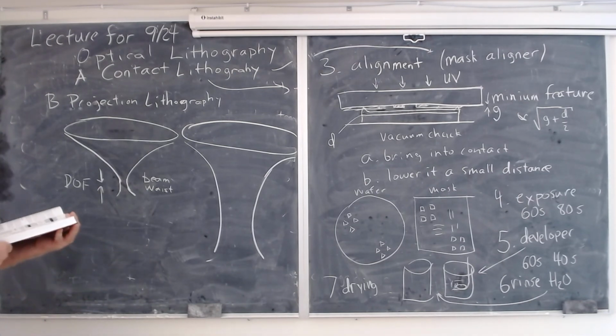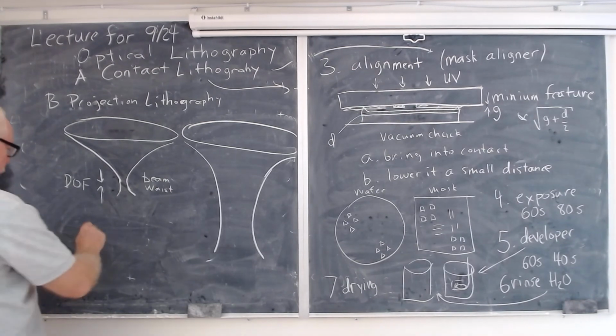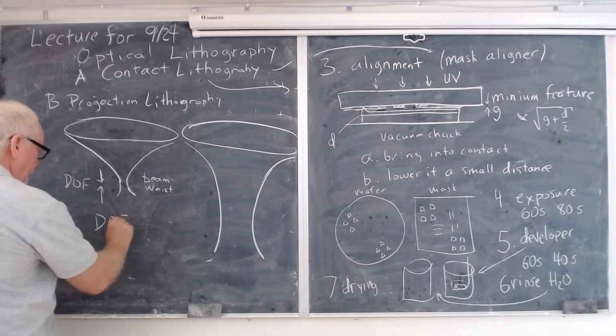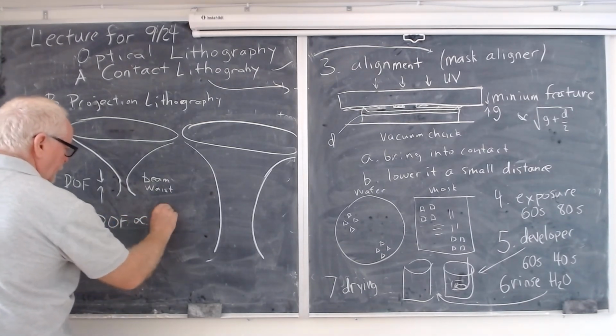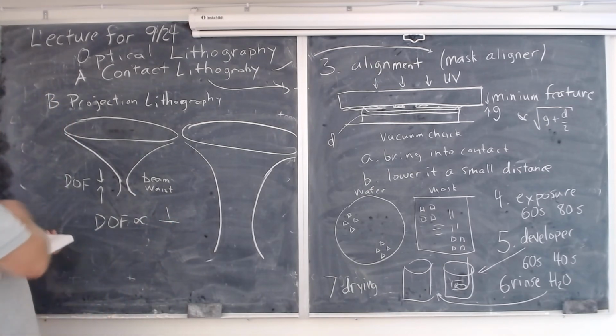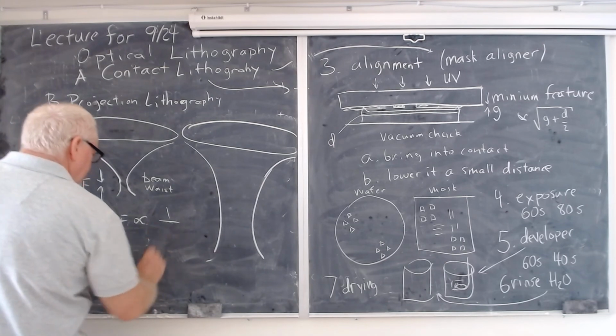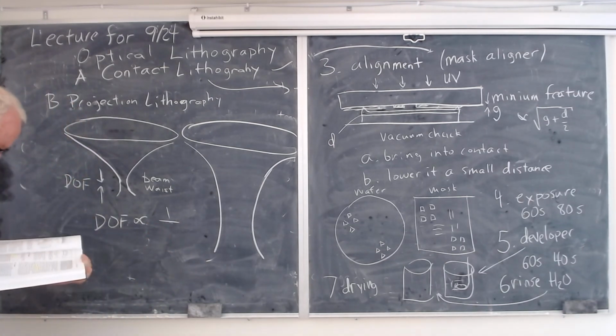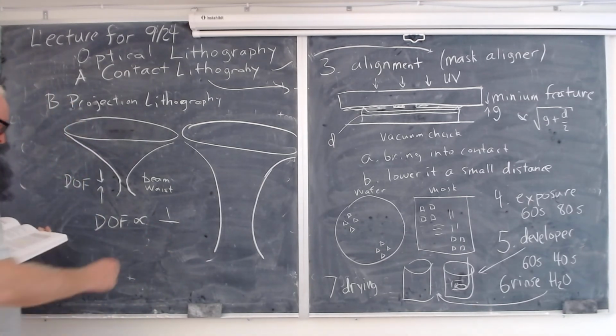And then finally, the principle that DOF is proportional to 1 over, and I guess we'll use the term resolution. I don't like the term resolution. I'm going to use the word line width.